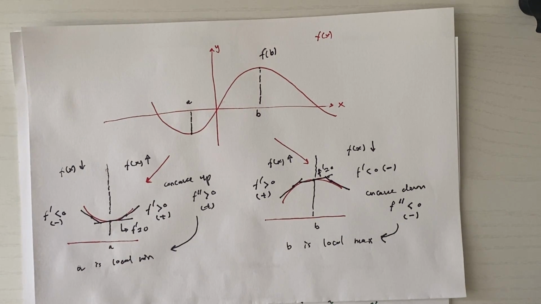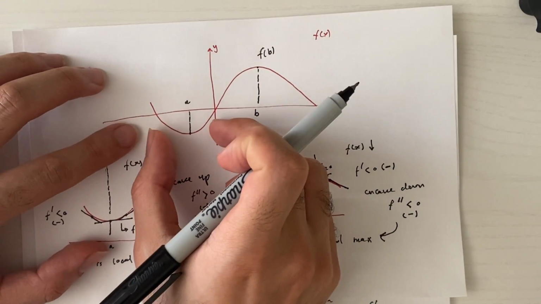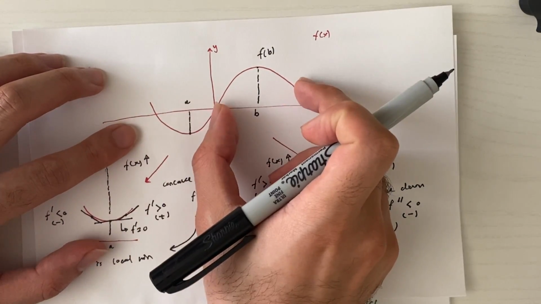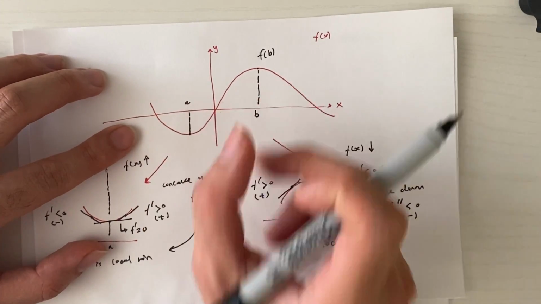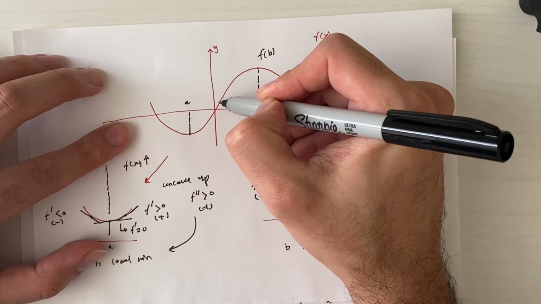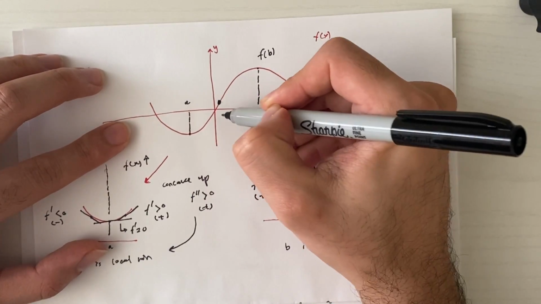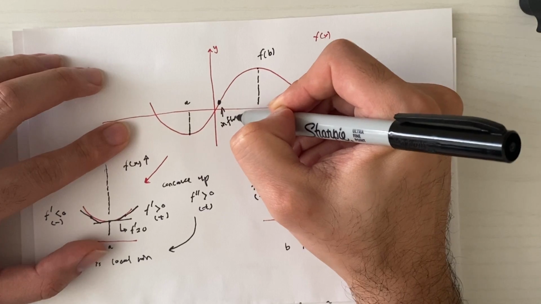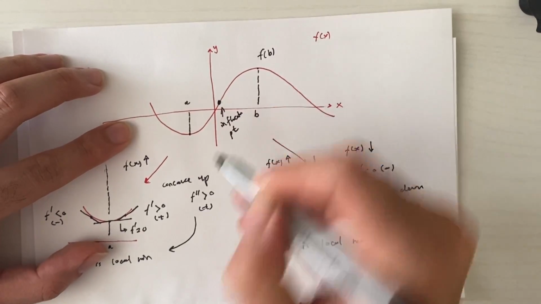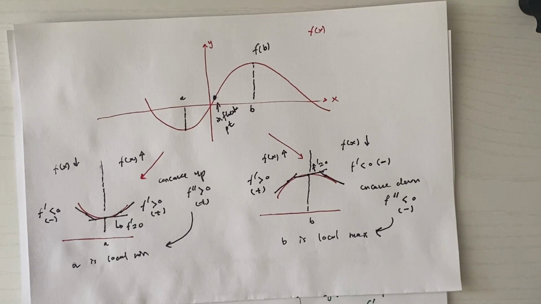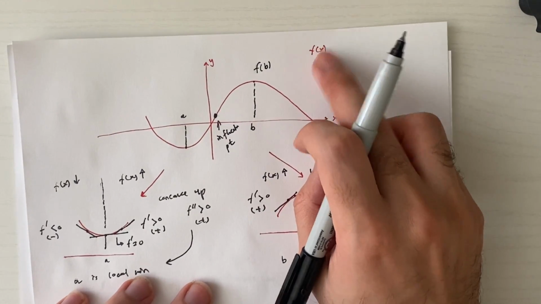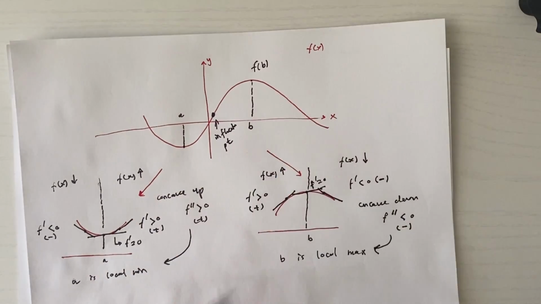So at a, it's concave up, and at b, it's concave down. So it's going to be somewhere between these. That's going to be our inflection point. Again, an inflection point is where the function f of x changes in concavity.